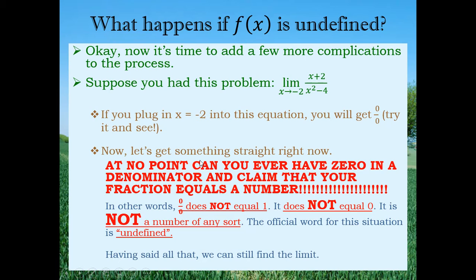At no point can you ever have a 0 in a denominator and claim that it's a real number, okay? 0 over 0 does not equal 1. 0 over 0 does not equal 0. It's not even a number, okay? The official word for this situation is undefined. Now, even if it's undefined, we can still find the limit.